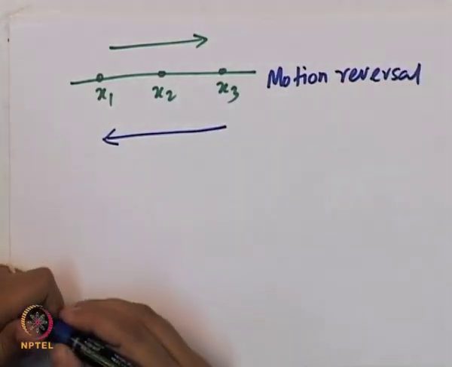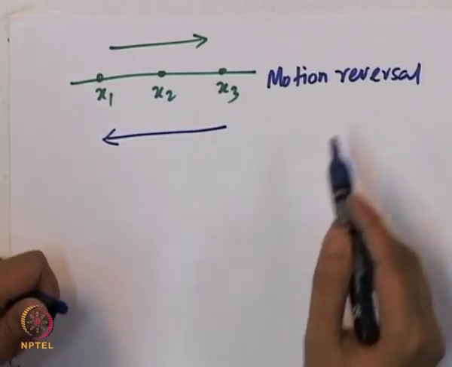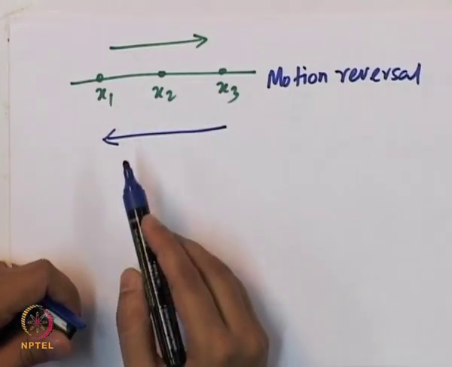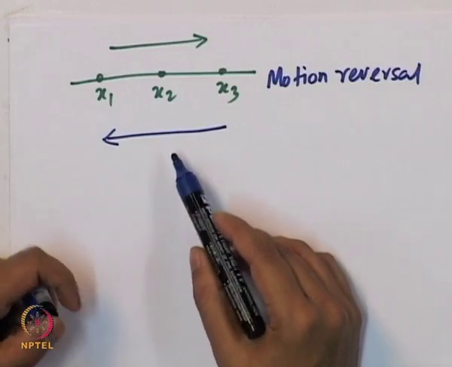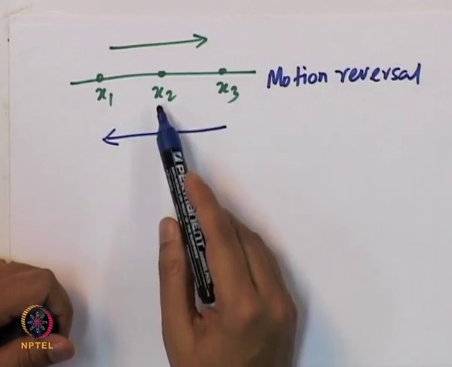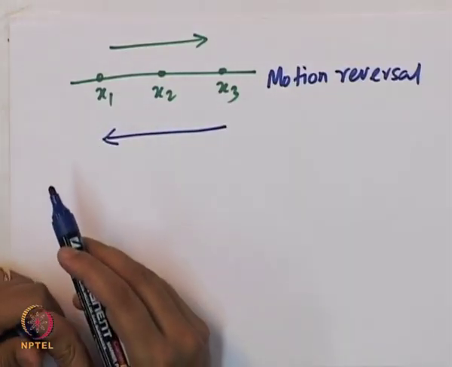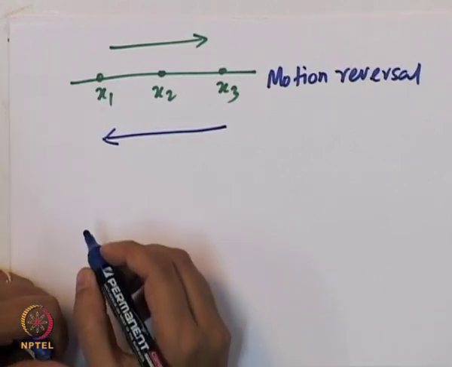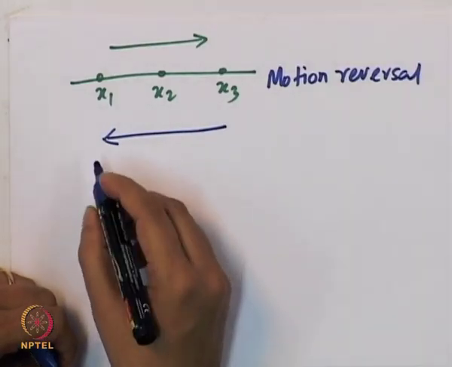When we do the motion reversal, we are going in the opposite direction to that of the former direction. So the order in which the object is going to see the things will be different. It will see x3 at t1, x2 at t2 and x1 at t3. Let us see what are the values of velocity and acceleration.